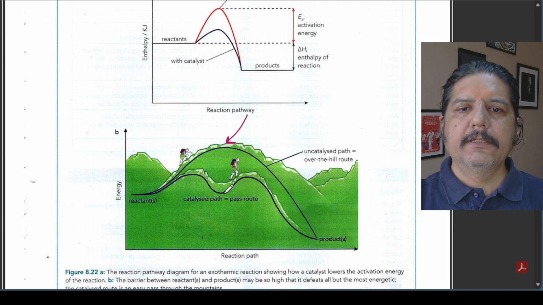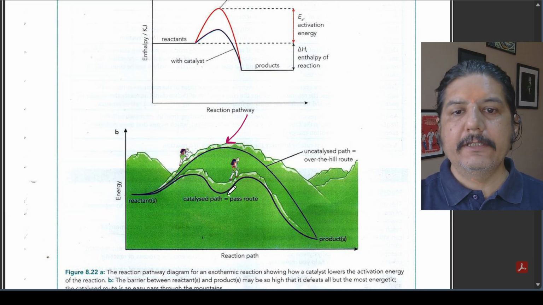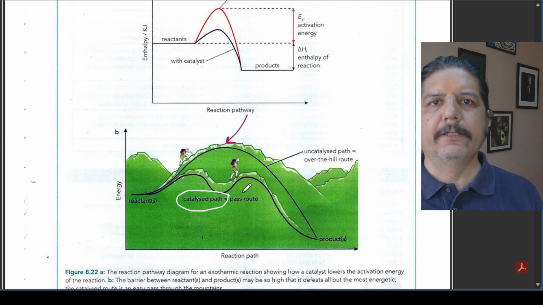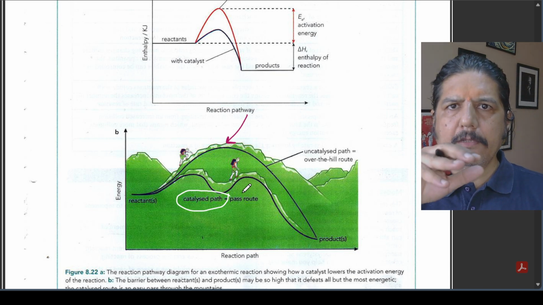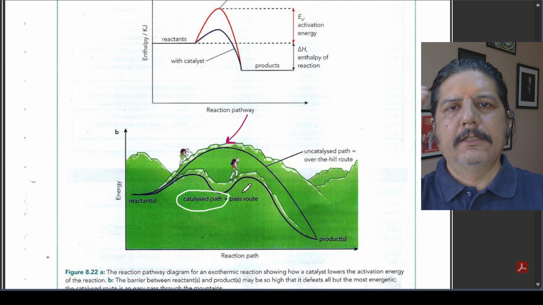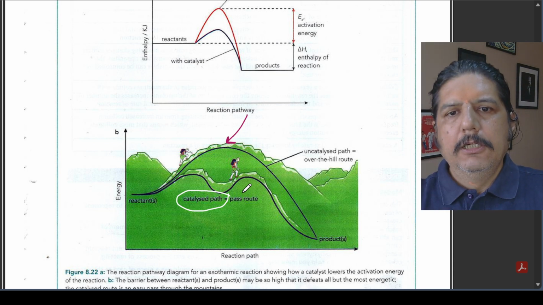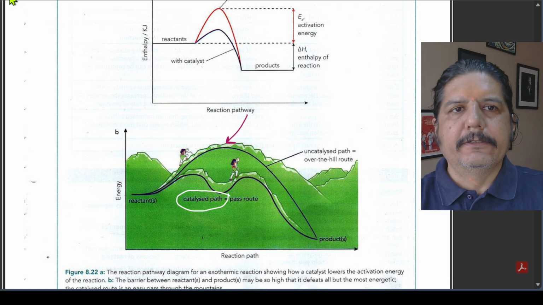place. And if you have gone through the textbook carefully, you would understand that what a catalyst does is basically play on this activation energy. It gives a different path so that the activation energy gets lower. So more of the particles are able to go through the bump of activation energy.